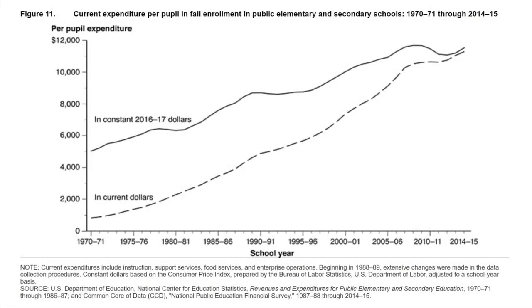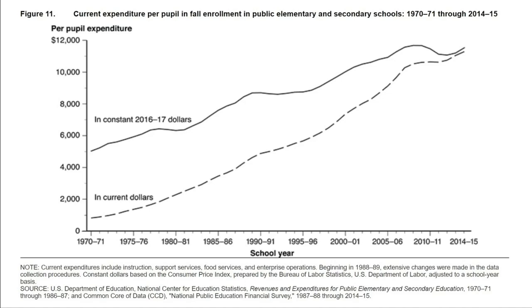This next figure represents total expenditures per pupil from 1970 through 2015. How these costs were computed has changed over the years. The graph shows the overall trend. Back in 1970, and I'm looking down in the lower left corner, the average cost per pupil in the United States was about $1,000.